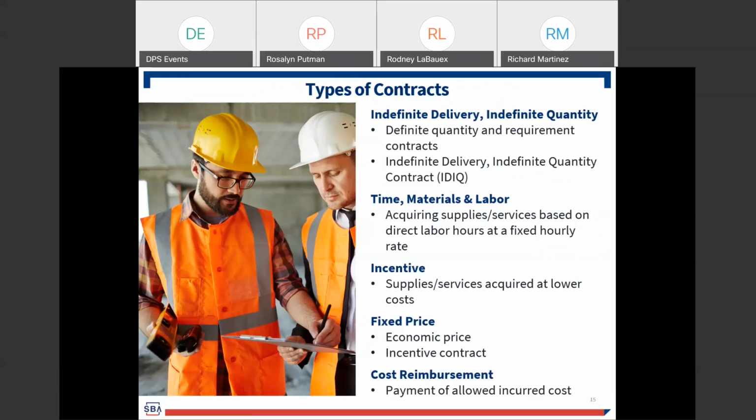IDIQ contracts are generally your longer-term contracts, maybe a base year plus options for 3 to 4 years. Fixed price is the one that is mostly used by the government all the time. Under fixed price, you have economic price and incentive contracts. And under cost reimbursement, there are payments of allowed incurred costs.